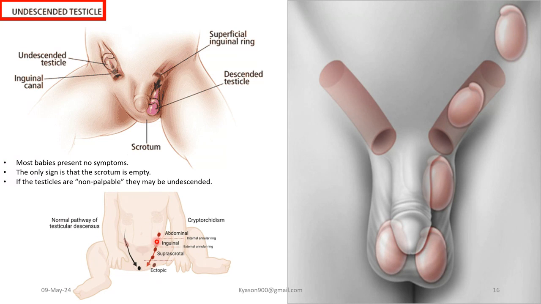This undescended testicle can be anywhere within the abdominal cavity, within the inguinal canal, or in the suprascrotal area. In most cases, this undescended testicle is going to be in the inguinal canal.